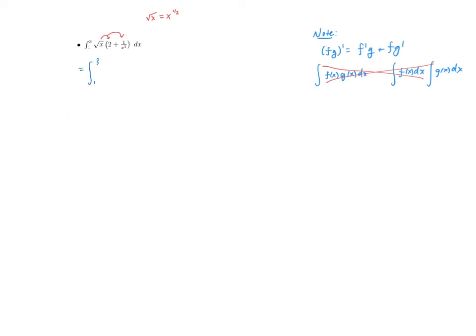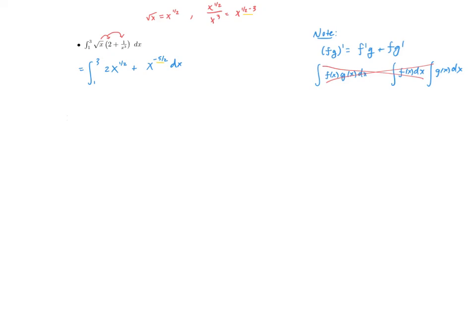So we have the definite integral from 1 to 3 of 2x to the 1/2 plus, and I'm going to simply write this as x to the minus 5/2. And just so that there's no confusion with the algebra, if you have x to the 1/2 over x cubed, this is x to the 1/2 minus 3, which is why we have x to the minus 5/2 power.